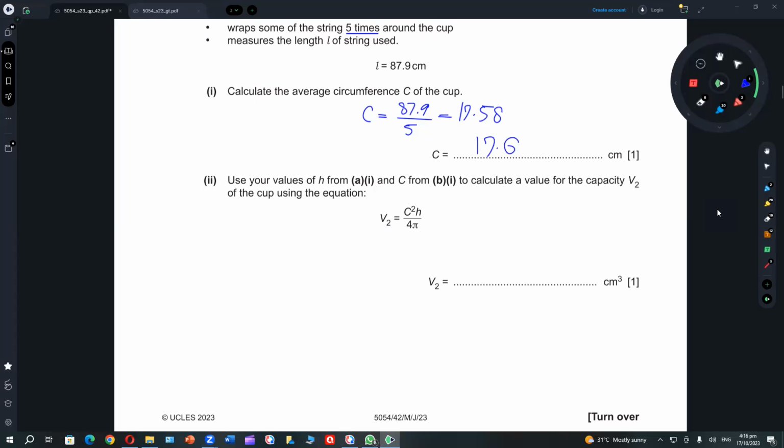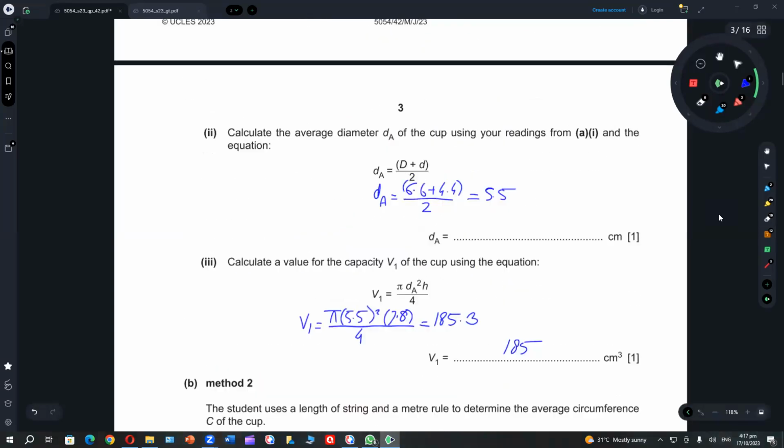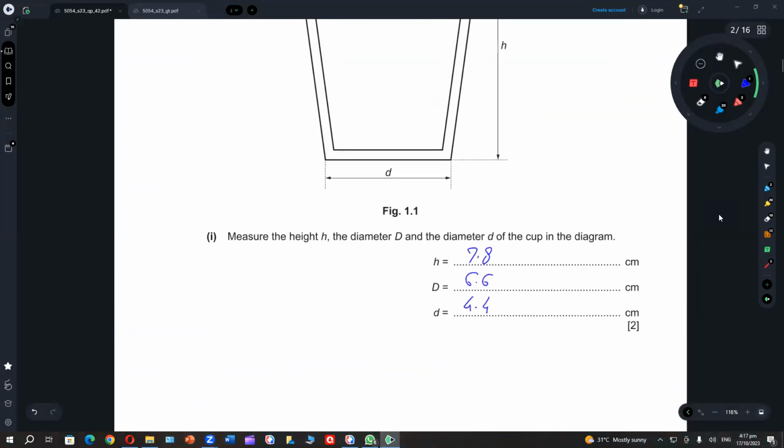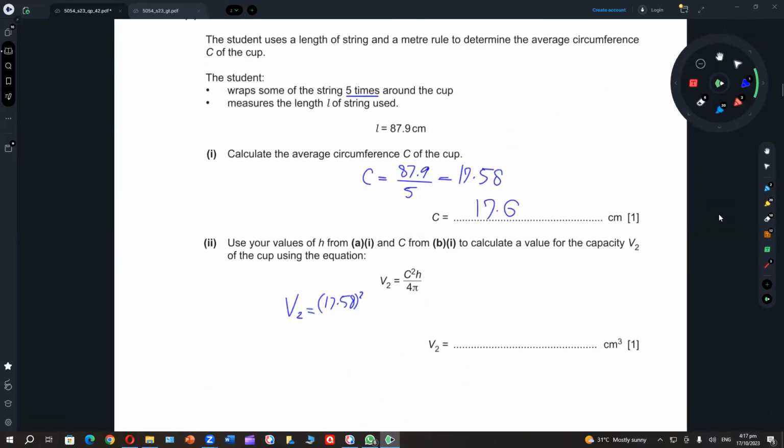It says use your answer of h from A1 and C from B1 to calculate a value for the capacity. So you have C squared, and h is 7.8.